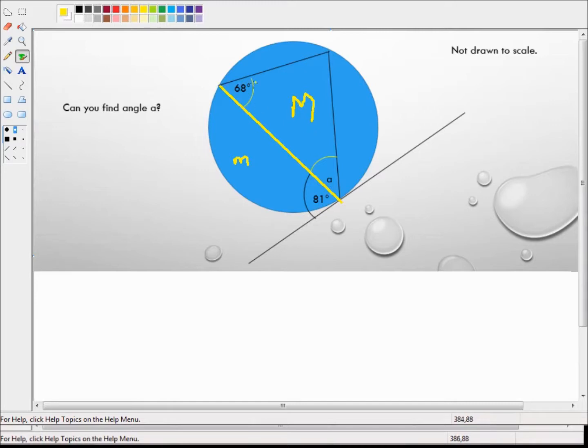Now the angle that subtends this chord must be the same. This is called the alternate segment theorem, and this is 81 degrees.